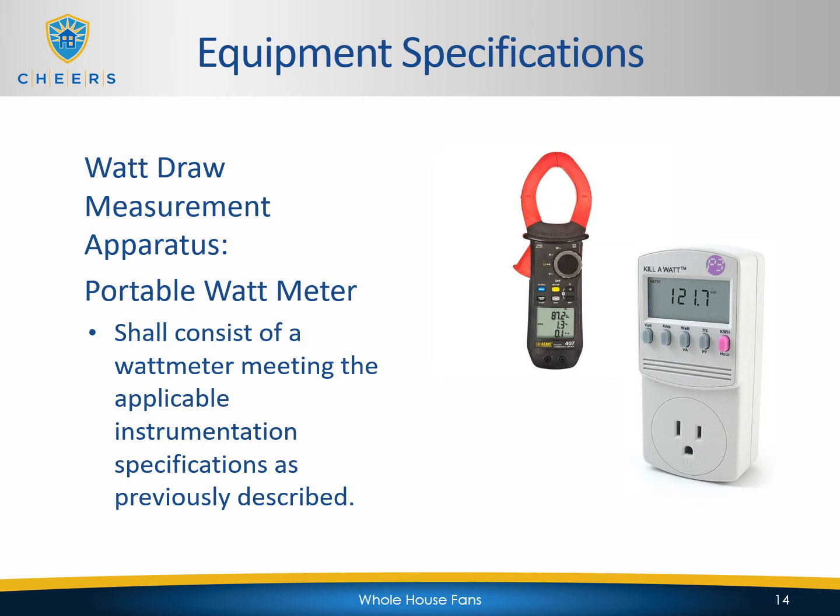Again, we've got a picture here. You've got the clamp-on meter, which is going to be for those hardwired devices. The plug-in style is easy, you just unplug and plug in, and it's going to read your watts out for you. So either one is acceptable as long as it meets those specifications that we previously described in the training.